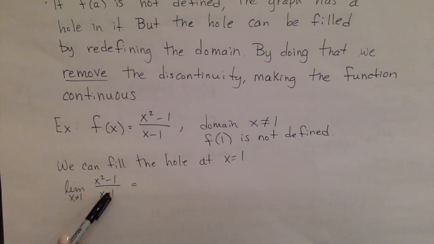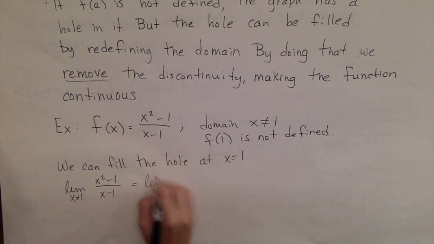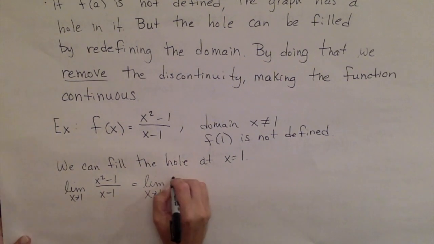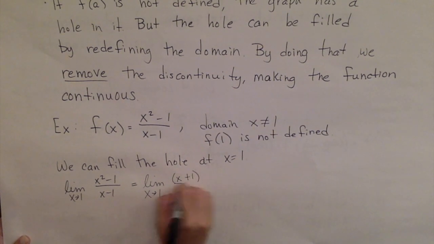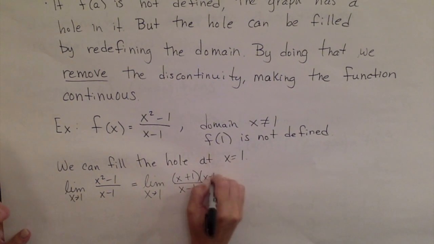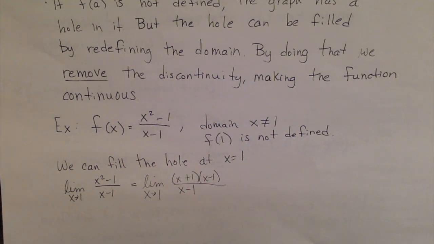And what we would find if we were to plug 1 into this rational function is that we would get 1 minus 1, which is 0, over 1 minus 1, which is also 0. 0 over 0 is indeterminate form. And if we have a limit that's indeterminate form, it means do something else. Right now that do something else is generally try to factor. But I can factor x squared minus 1 into x plus 1 times x minus 1, over x minus 1.